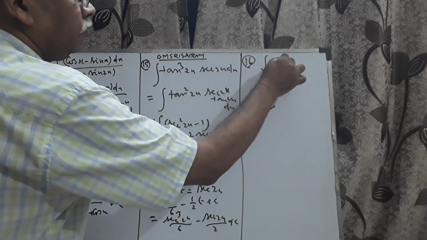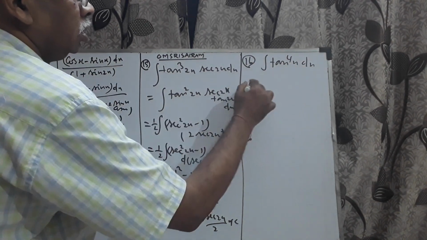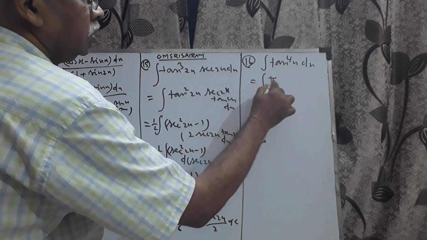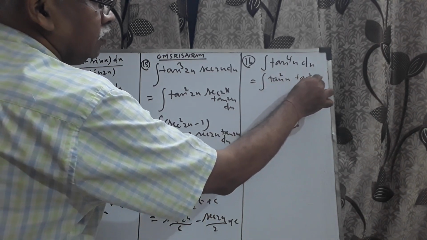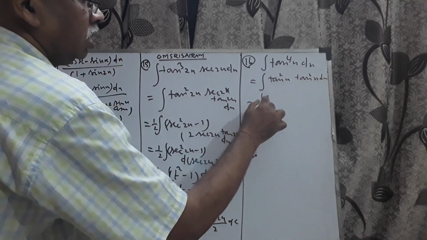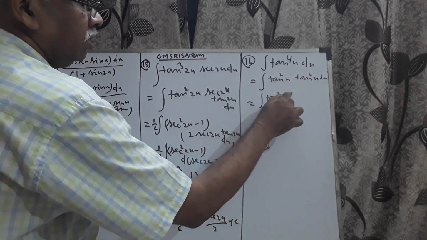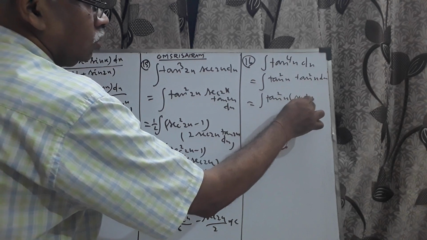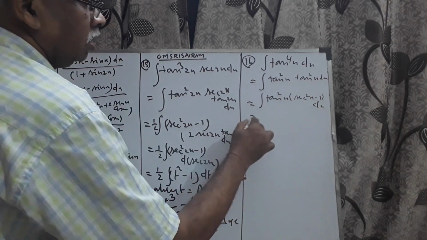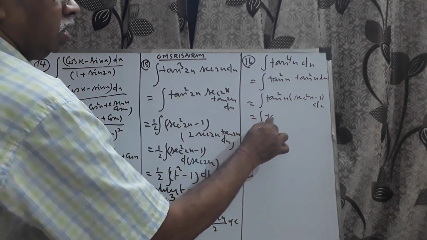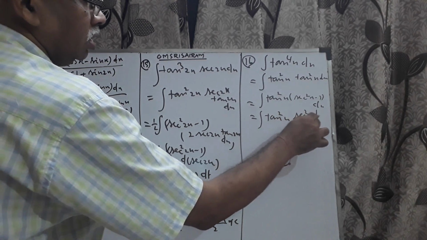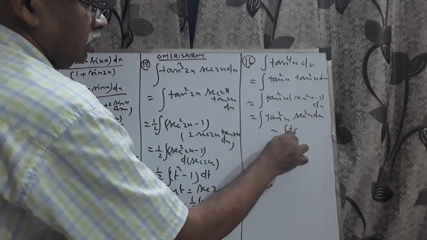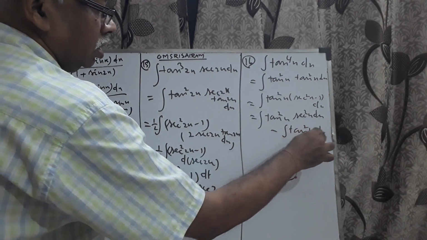Integral of tan power 4x dx can be written as tan square x into tan square x dx, which can be written as tan square x into (secant square x minus 1) dx, which is tan square x into secant square x dx minus integral of tan square x dx.